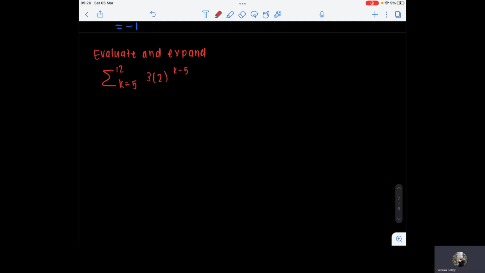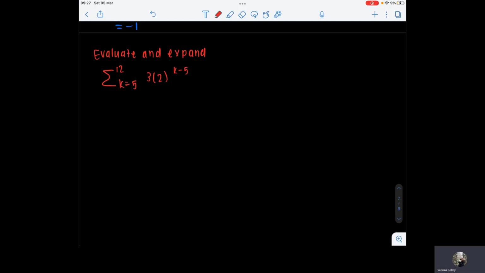If they say evaluate and expand the sigma notation, let's have a look here.